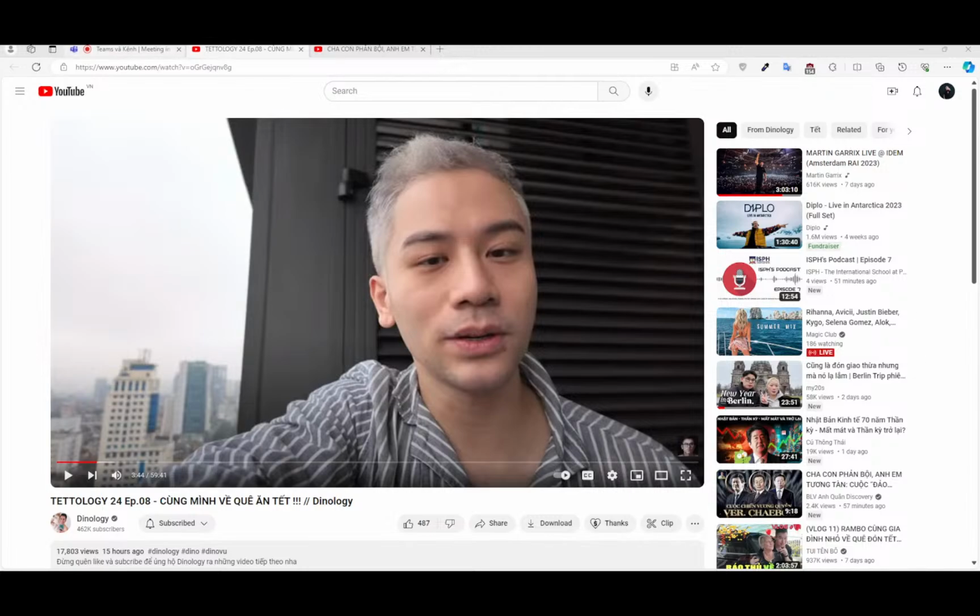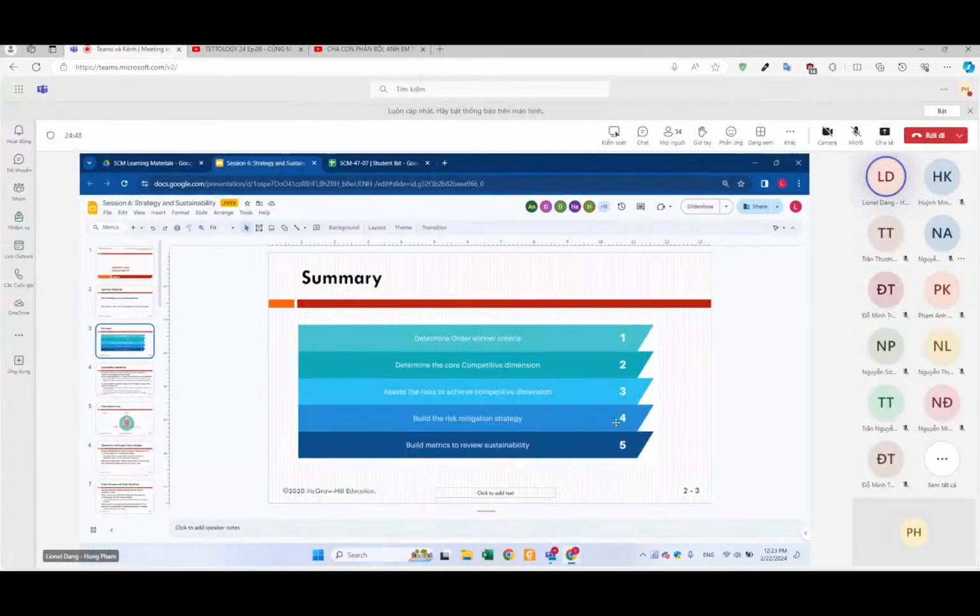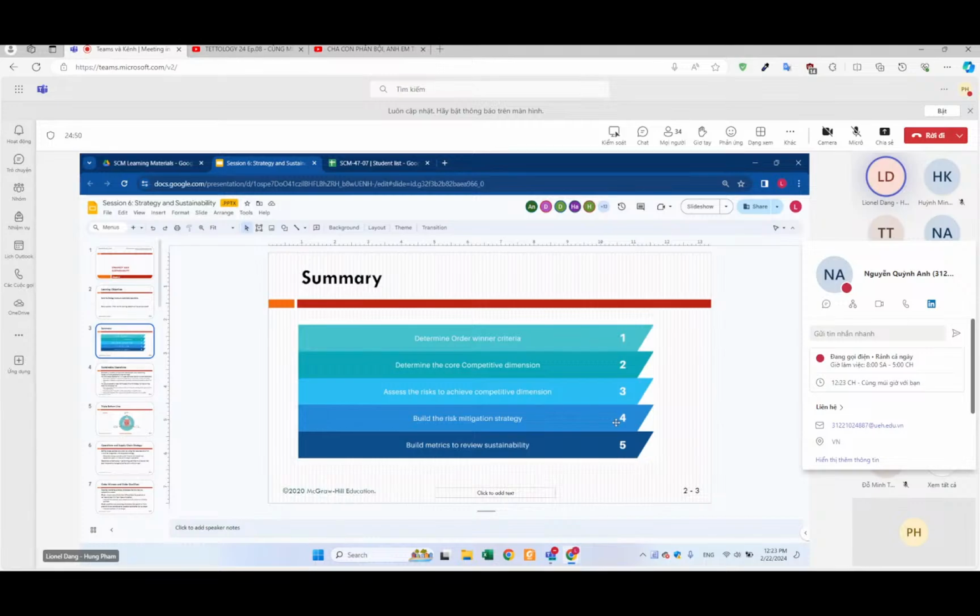So don't worry. What is the competitive dimension? Those concepts are the key concepts that we are going to go through today together. So let's assign the groups so you can work in smaller groups and come back. Each group will present briefly your part and then you can ask me questions if you have any.